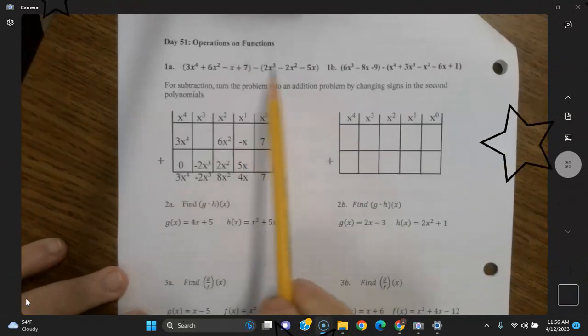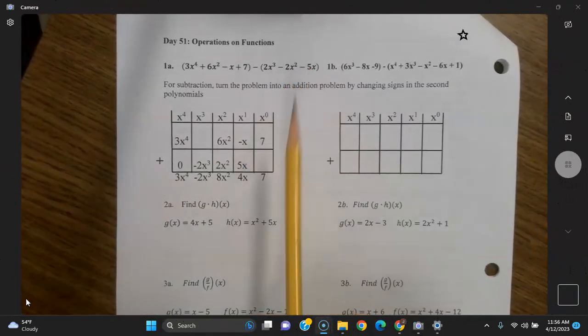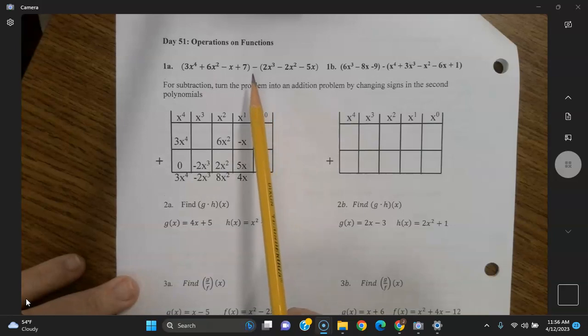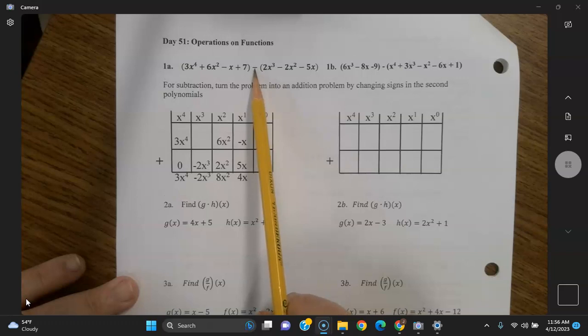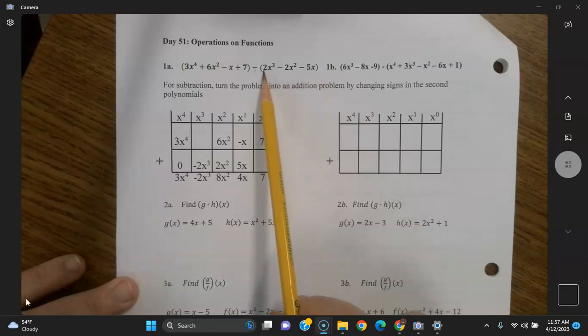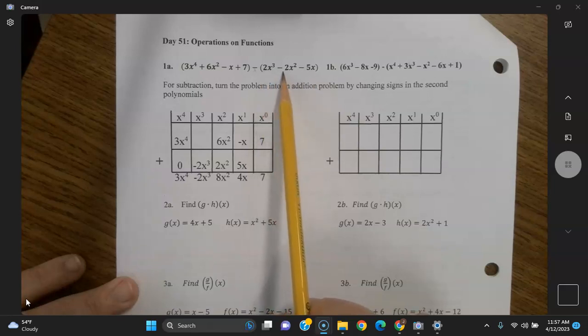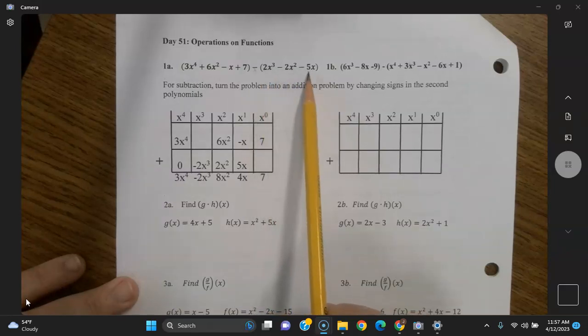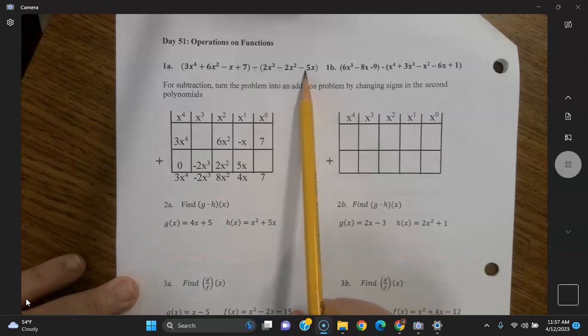Okay, now subtraction is done the same way, except the way I recommend you do it, this is my way of doing it, is rather than have a subtraction, turn that into a plus sign. And so turn it into an addition problem. And the way you do that is by changing that to a plus and then distributing this minus sign all the way through. So that becomes minus 2x to the third, that becomes positive 2x squared, and this becomes positive 5x.